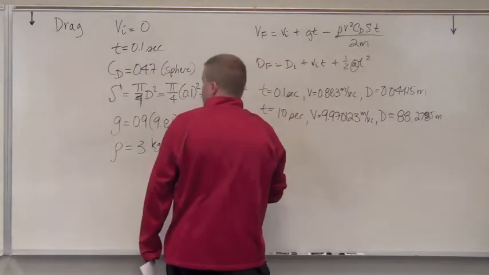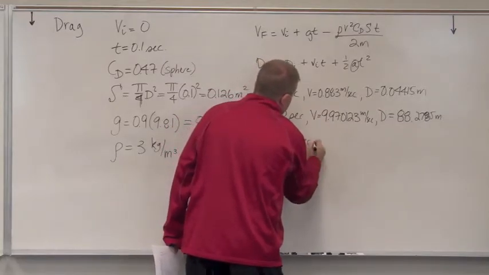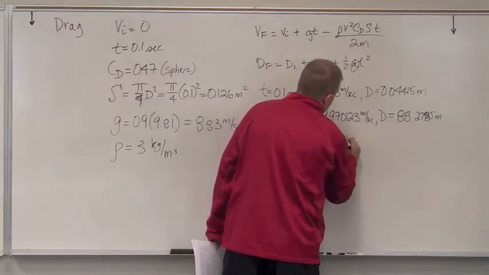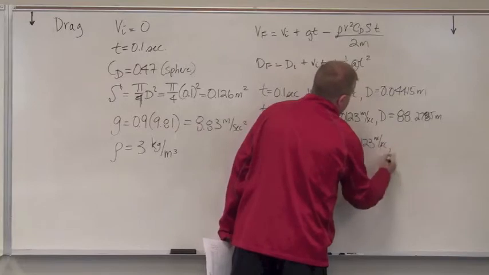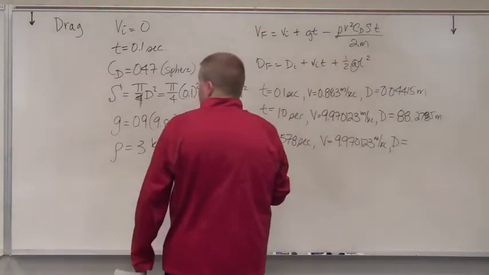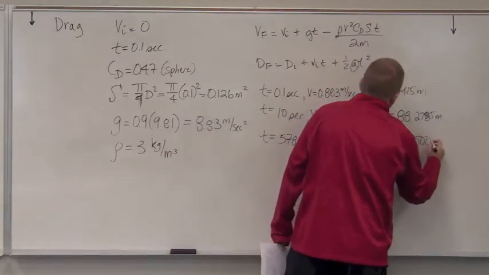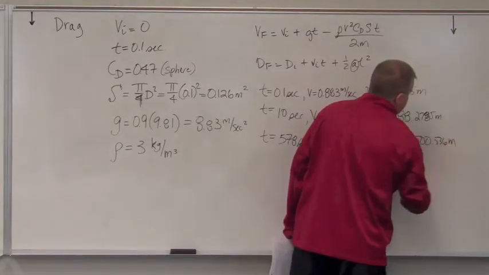So I kept on going, and I said that time equals 578 seconds. My velocity was still 9.970123, because we'd already hit terminal velocity, so I can't travel any faster. And my distance now was 5,500.536 meters.